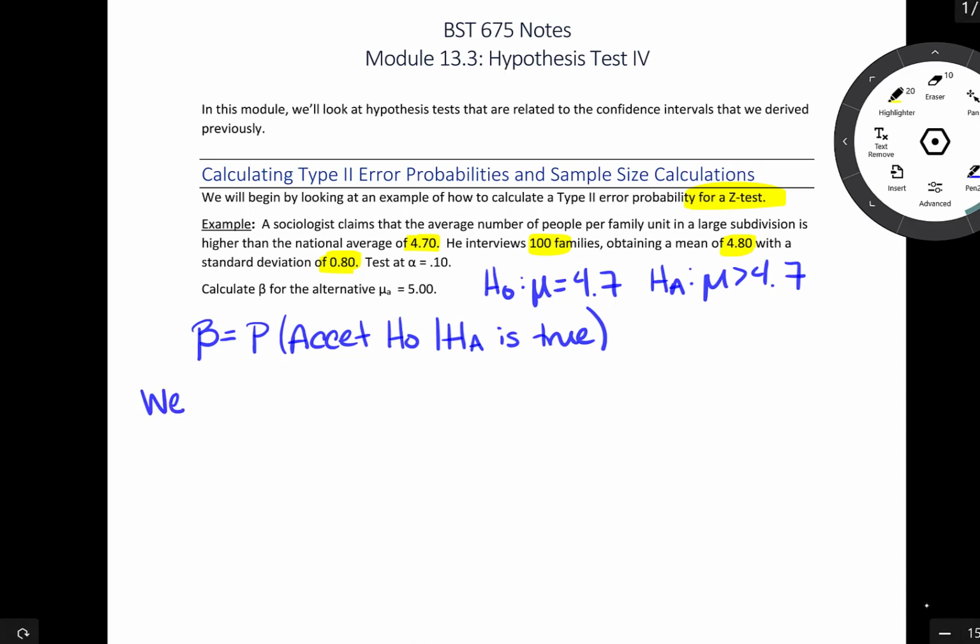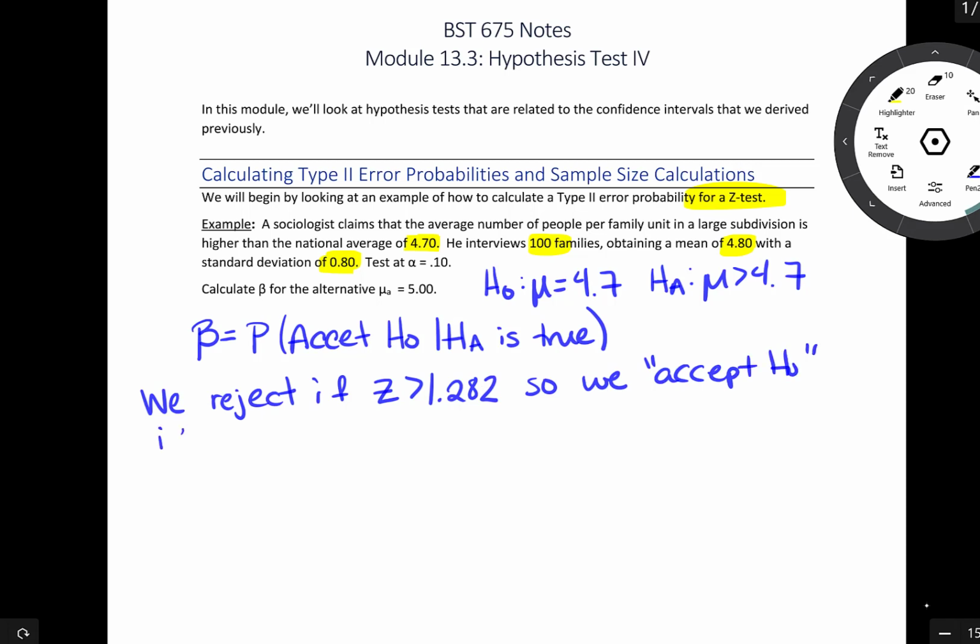We saw previously that we reject if z was greater than 1.282, and we accept H0 if z is less than or equal to 1.282.